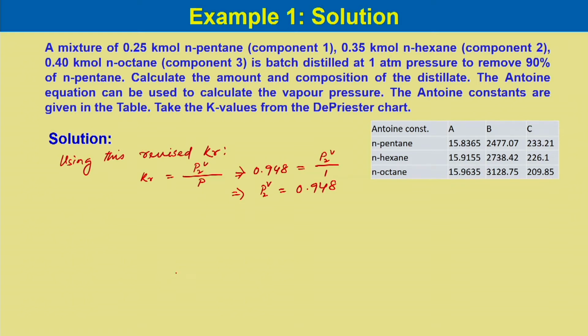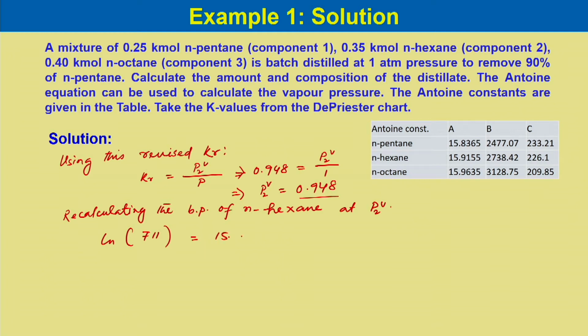Now, if we recalculate the boiling point of N-hexane at this pressure, at P2V, we can obtain ln 711 would be equal to 15.9155 minus 2738.42 divided by 226.2 plus theta.